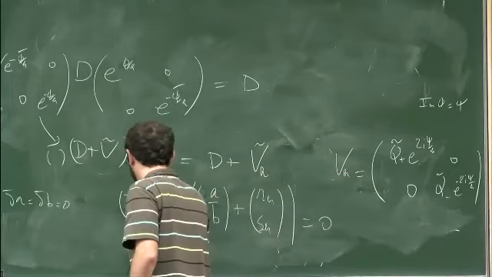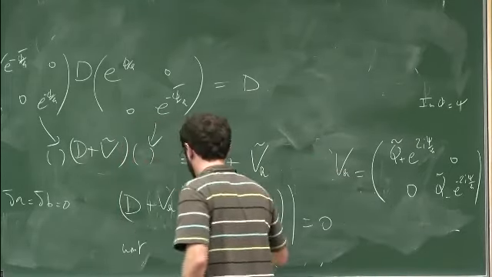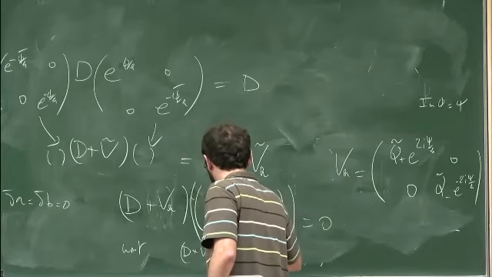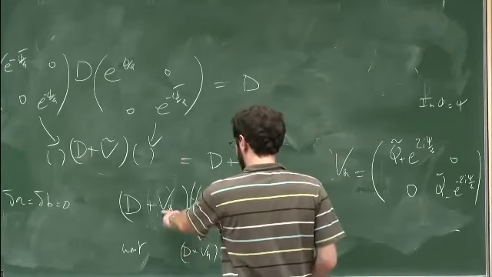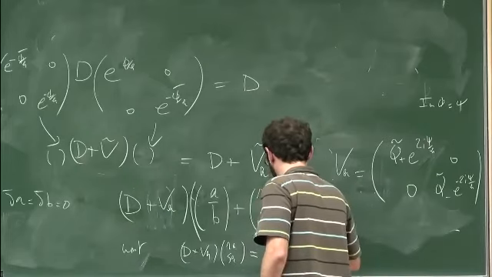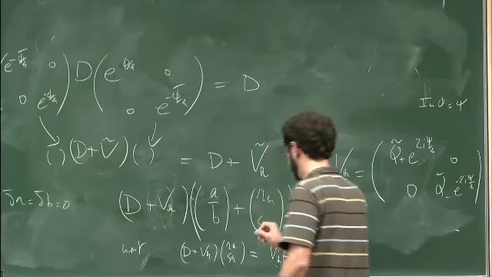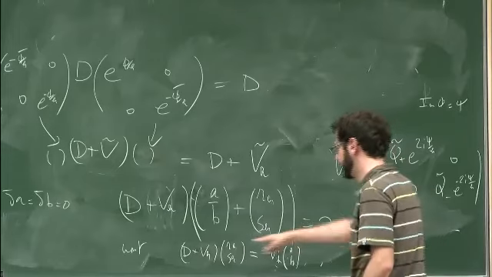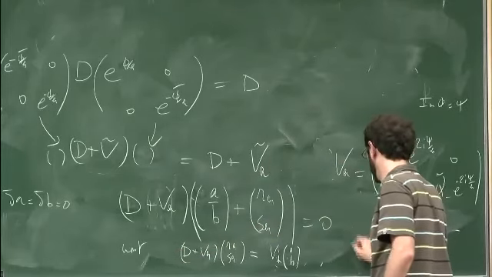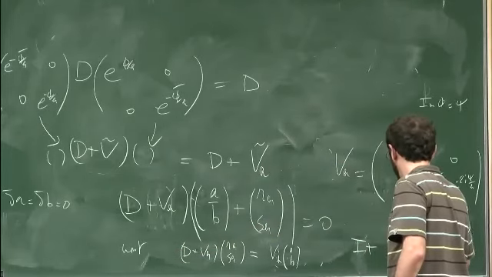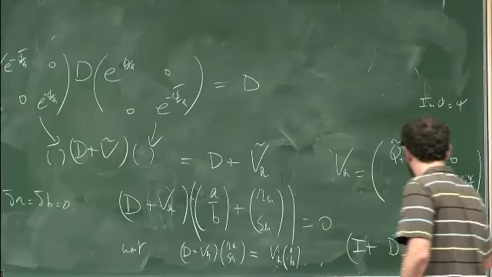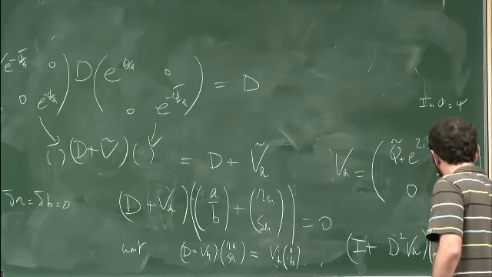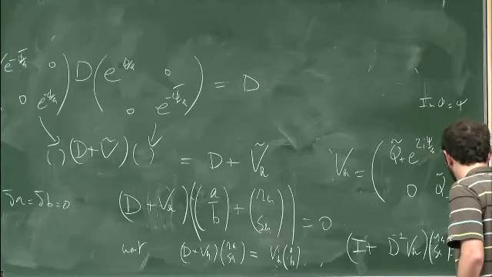So I'm left to solve essentially D plus VH times RH SH to be the remainder, which is VH times AB. The trick is to multiply by D minus 1, an inverse of D, on the left. You're left with 1 plus D minus 1 VH times RH SH equals D minus 1 VH times AB.